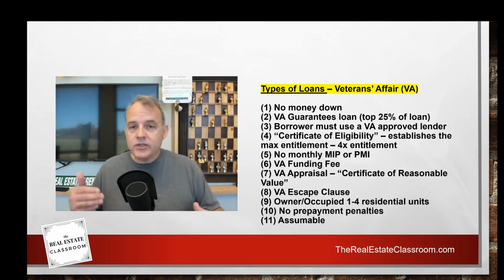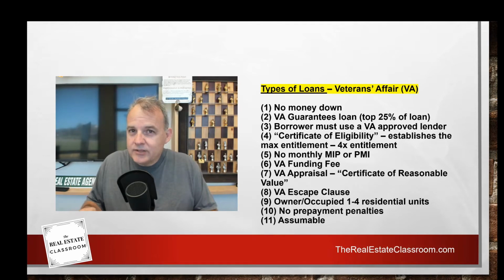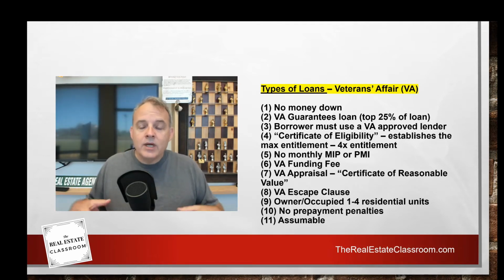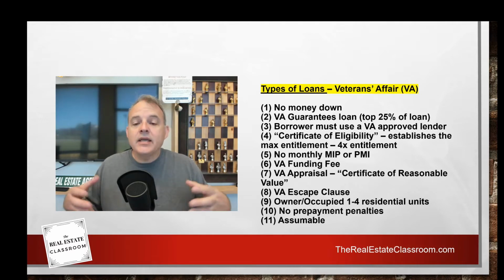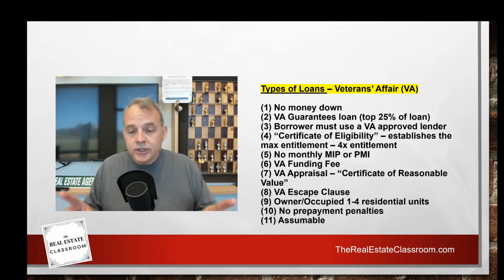Again, these requirements do change all the time as well, but the VA appraisal is a lot more strict as far as the material condition of the property than conventional. And once the VA certified appraiser goes out and determines the value and says everything is good, then they're going to issue a certificate of reasonable value. That's what the VA requires.